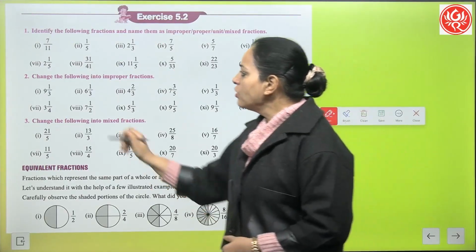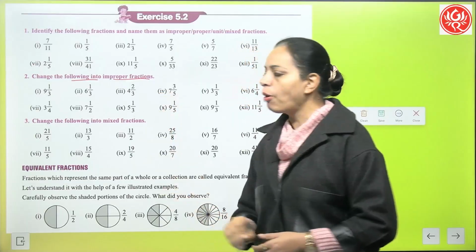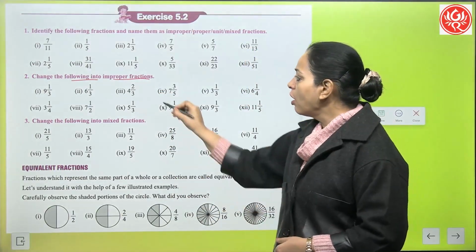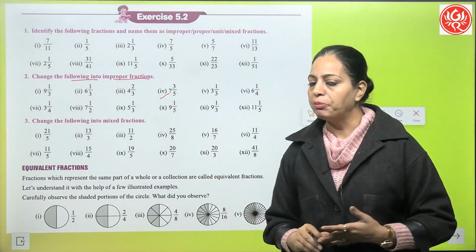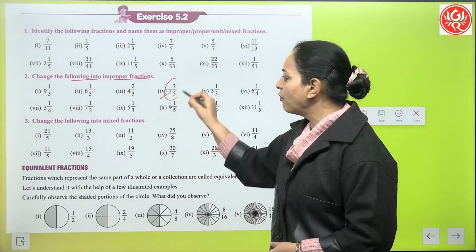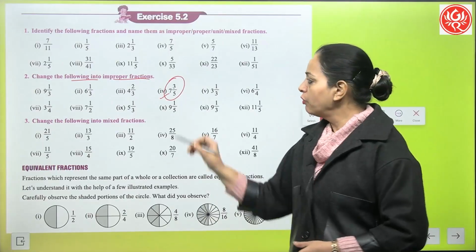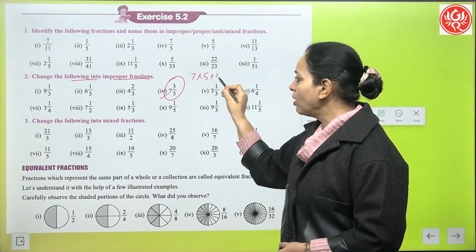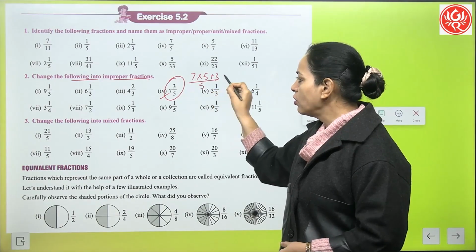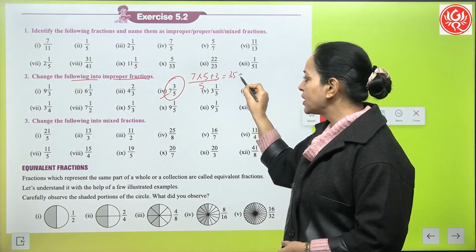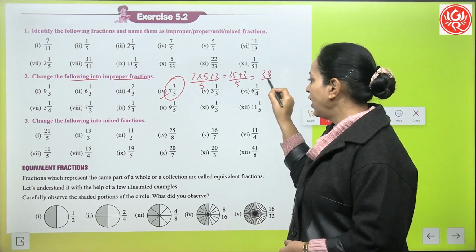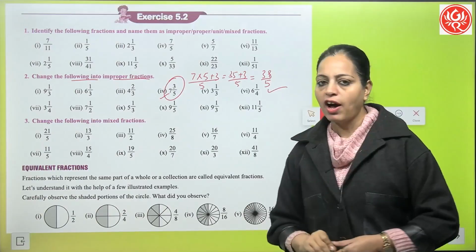Now the second one, change the following into improper fractions. हमारे पास क्या है? Mixed fraction given है, हमें change करना है improper में. See the fourth part 7 whole 3/5. Then what to do? 7 into 5 plus 3/5. So 35 plus 3/5, that is 38/5.